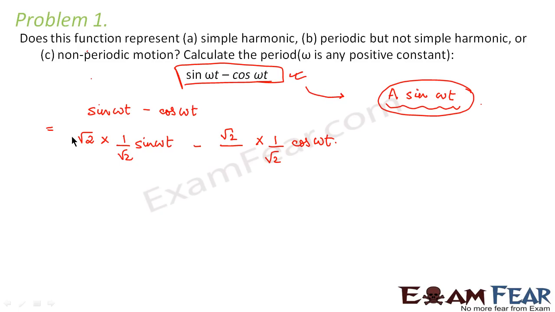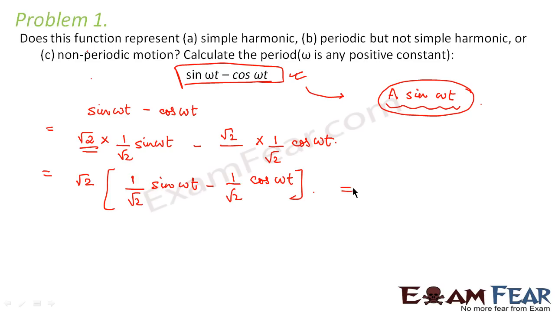I have multiplied and divided by root 2 because root 2 is the value for which I have both sine theta and cos theta with the same theta, as for sine 45 as well as cos 45. So how do we write this? We take root 2 as common. This can be written as 1 by root 2 sine omega t minus 1 by root 2 cos omega t.